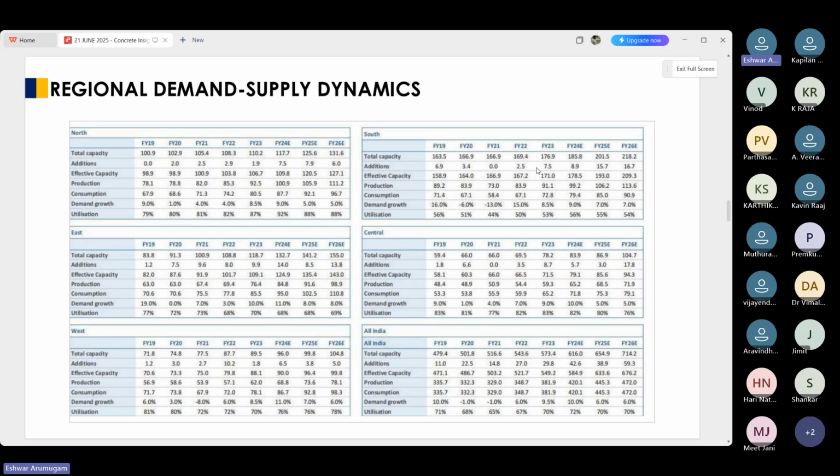If we look at the northern region, it's a very conservative market, and it also has very good pricing discipline. Key drivers for this market are housing, infrastructure, and mainly metro expansion and the Western DFC, dedicated freight corridor.